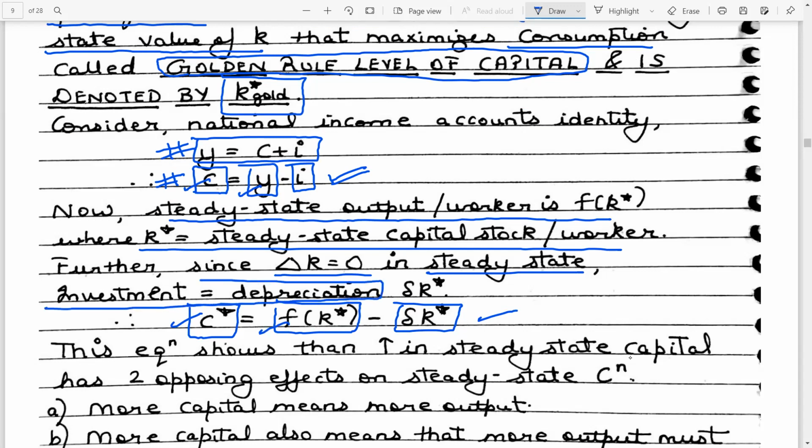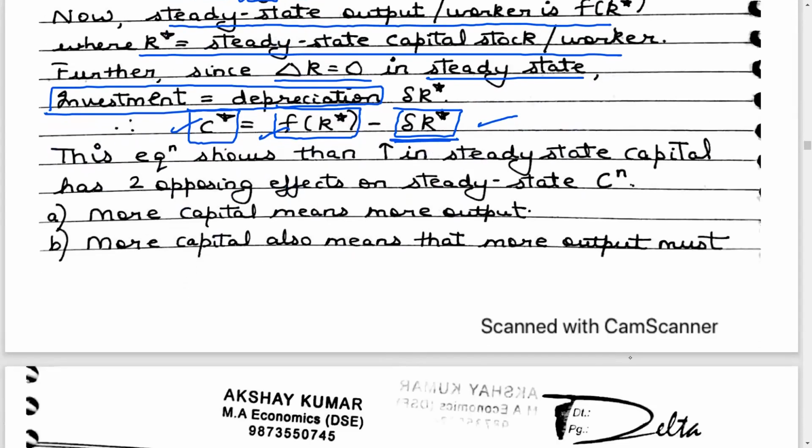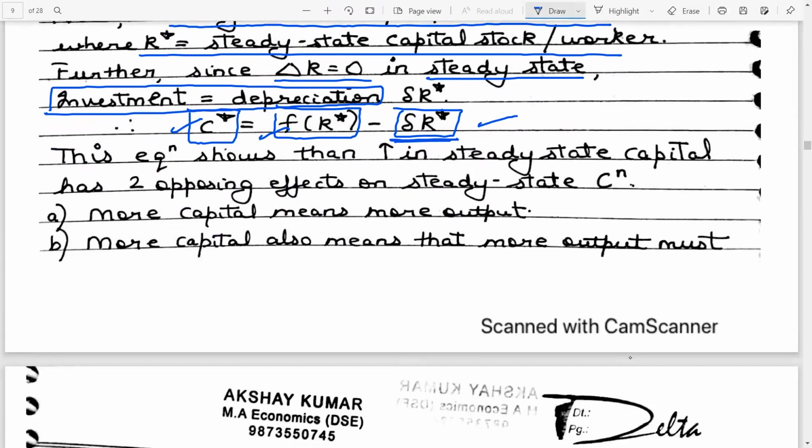That means my investment I is equal to delta k star, which is your depreciation. So I can write c star is equal to f of k star minus delta k star. So this is my consumption in the steady state. This equation is giving us consumption in the steady state.